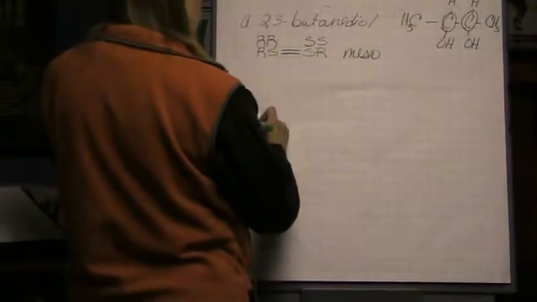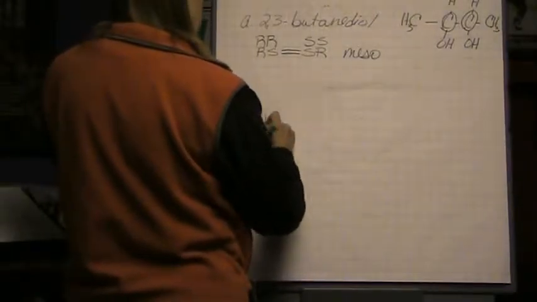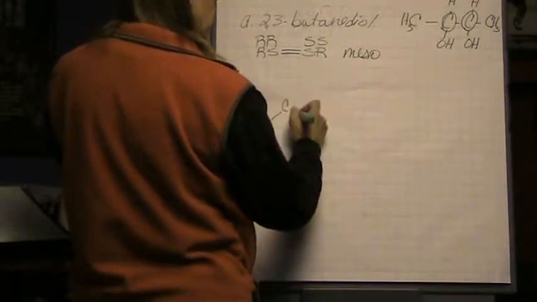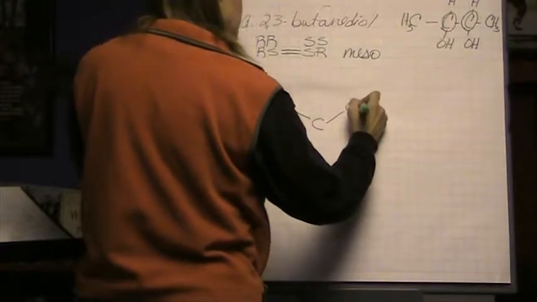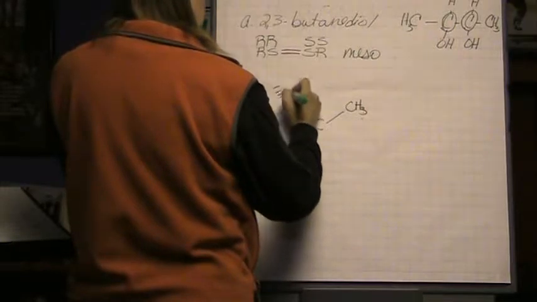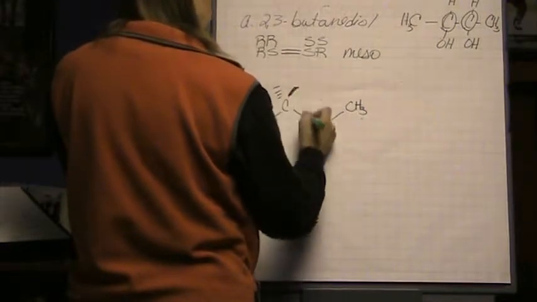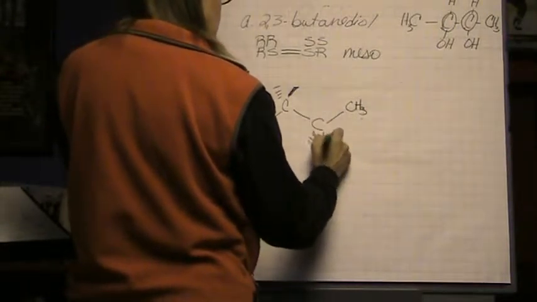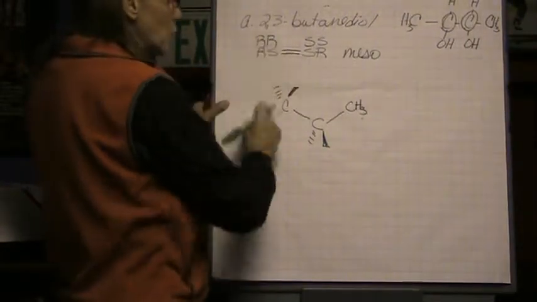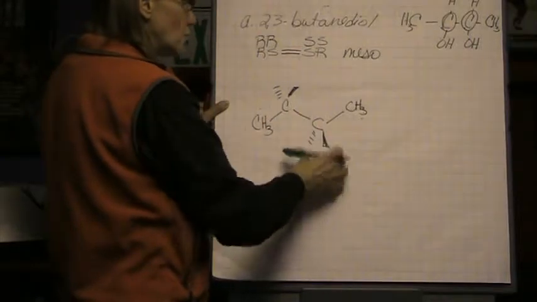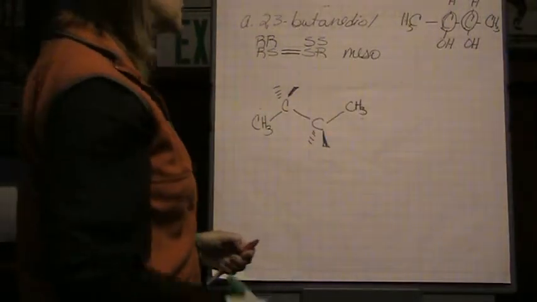So we draw our chain. Our first one is always the hardest. Up to a C, down to a C, up to a CH3. Now I put these guys in because that's what I'm going to use to give my stereochemistry. Always seems to be, if you're on an up C, put them going up, if you're on a down C, put them going down, so they don't get smashed in here and make a mess.